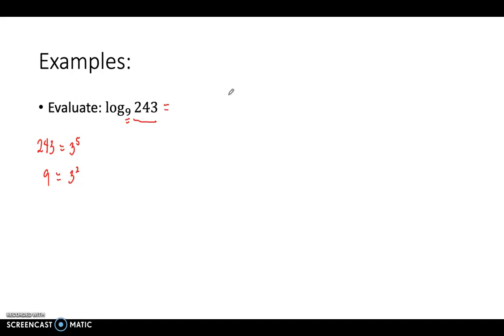We can write it as a logarithm of base 3. So we can have logarithm of 243 base 3 divided by the logarithm of 9 base 3. We can just simply write it as the logarithm of 3 raised to 5 base 3 all over the logarithm of 3 squared base 3.